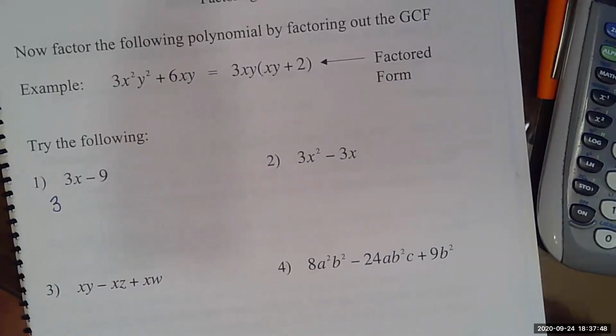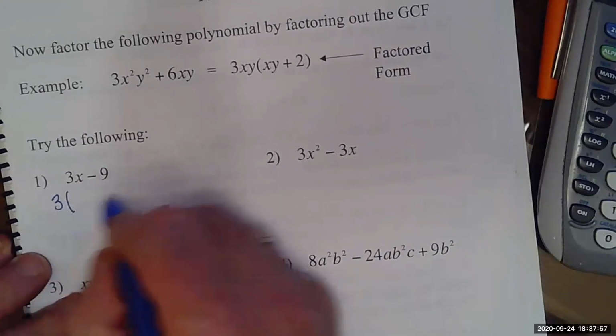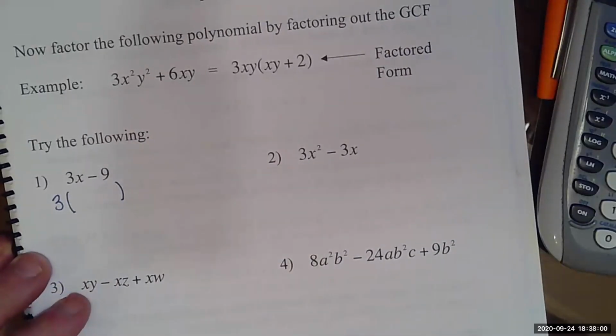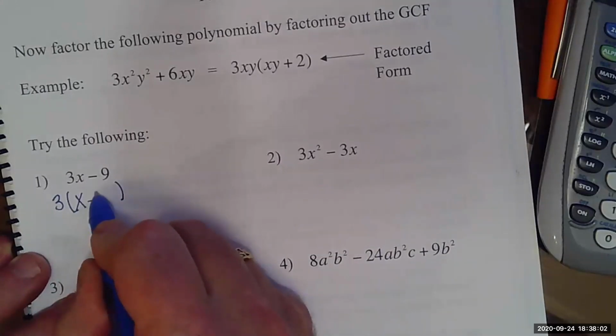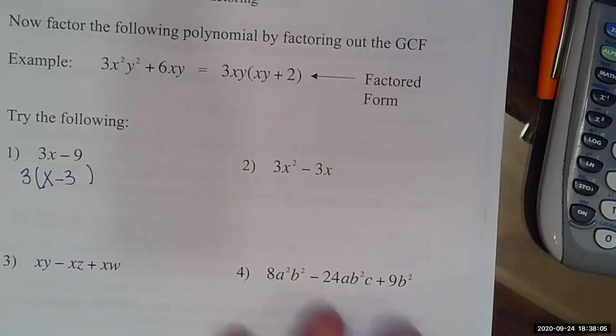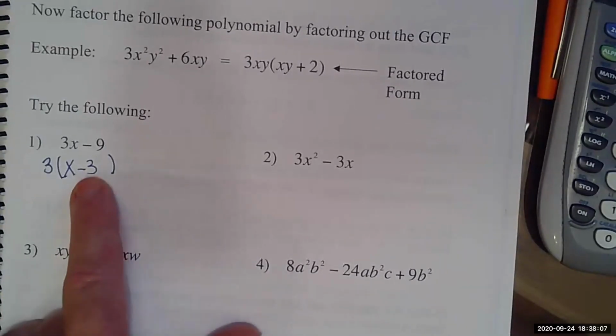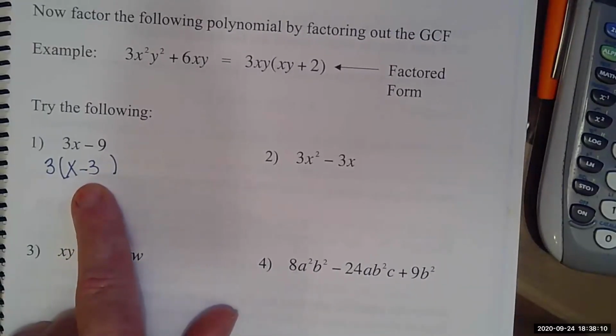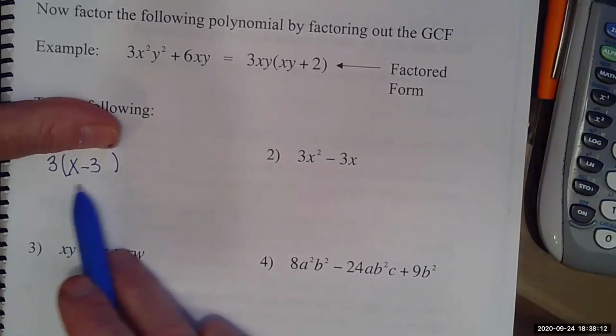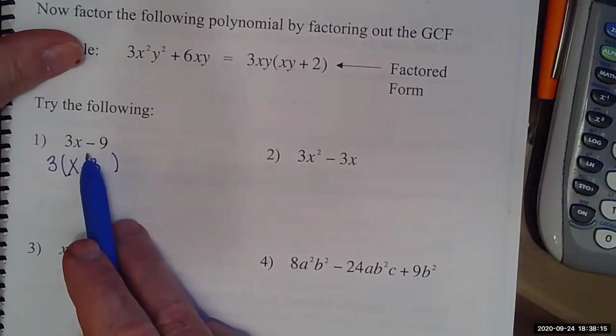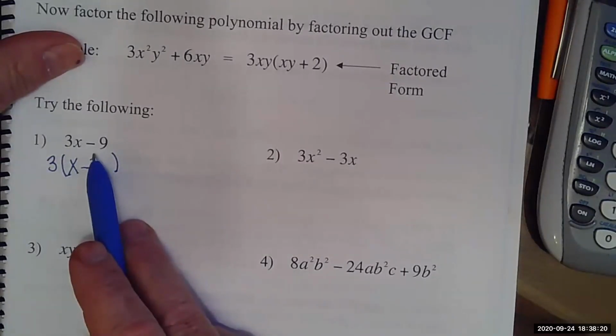Then if they both have variables, you ask, do they both have the same variable? Because if they do, you've got some more to do. This one doesn't. So if that's the only thing you can factor off, then you write down what's left over, so that when you check, remember, chapter 5 goes the other direction. Chapter 5 would take this problem and multiply to get that as an answer. Chapter 6 says take this, go backwards, tear it apart, and that's your answer.